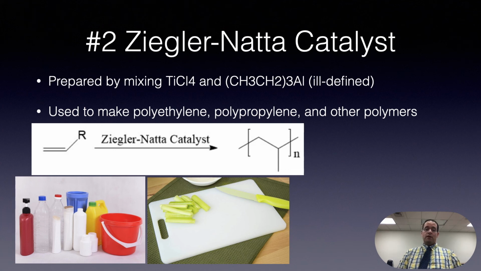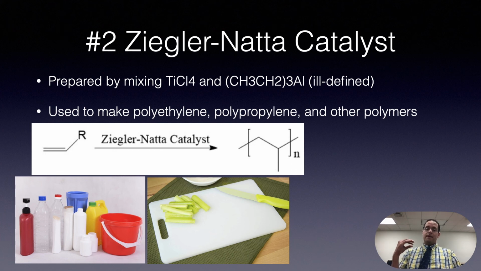So on the bottom left, we have polypropylene, which forms everything from your plastic buckets to ketchup bottles, shampoo bottles, and things like that. And polyethylene is used, for example, in cutting boards, as well as milk jugs and plastic shopping bags. So these are very important polymers that are made on ton scale.